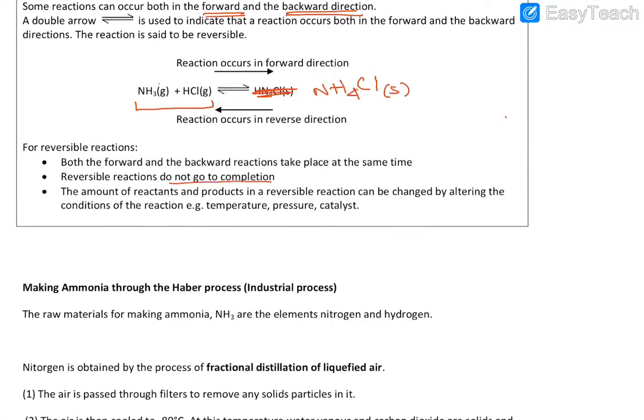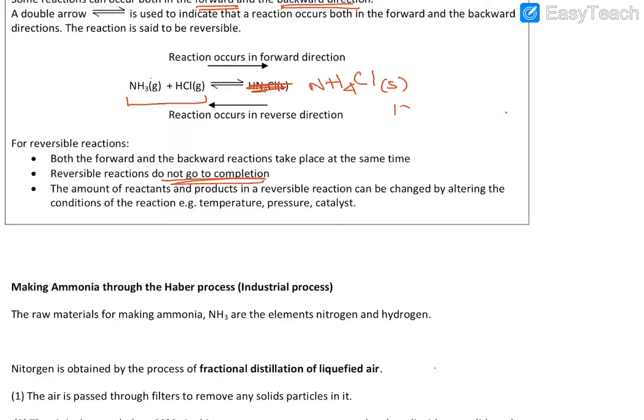And it will not go to completion, which means that you're never going to have 100% of ammonium chloride. You'll always have a certain percentage of both reactants and products. For example, you could end up with 70% of ammonium chloride and then 30% of reactants. And the amount of reactants and products can be changed.